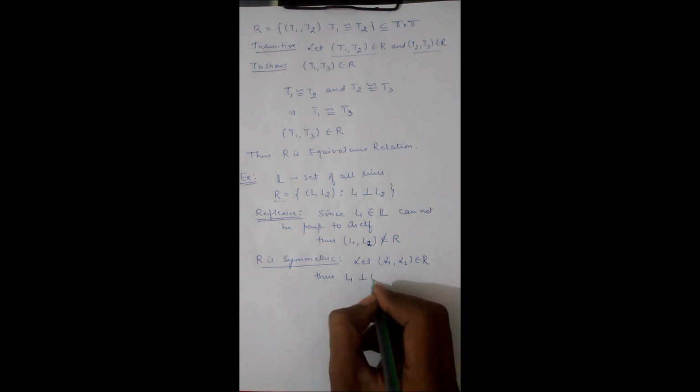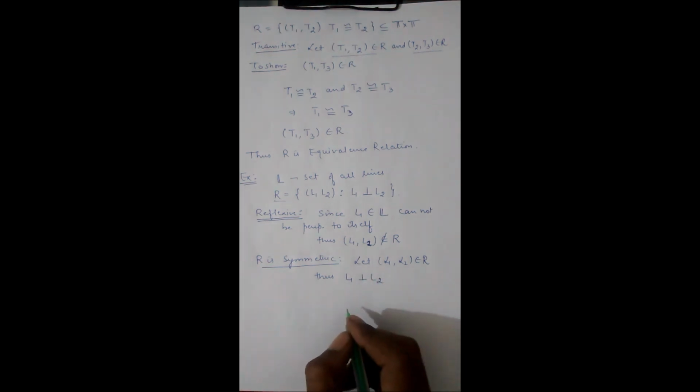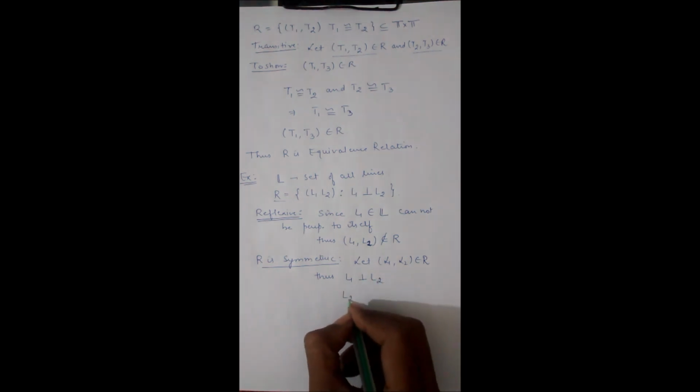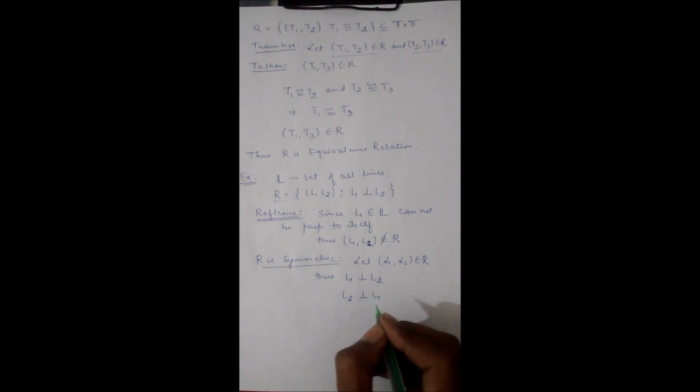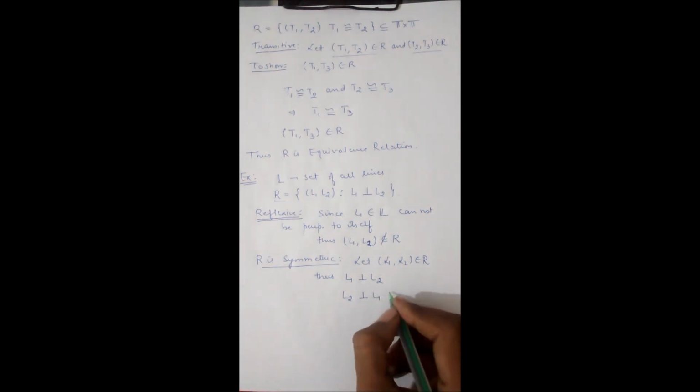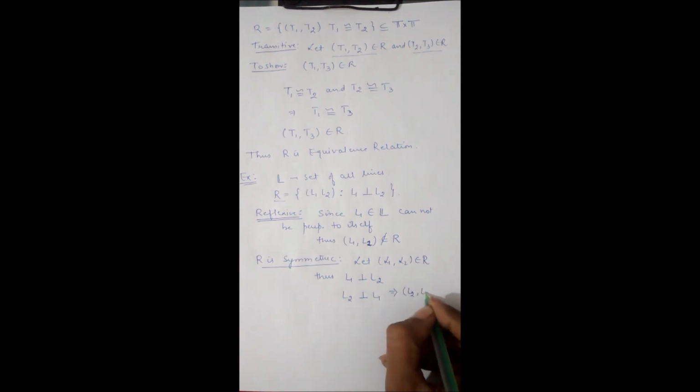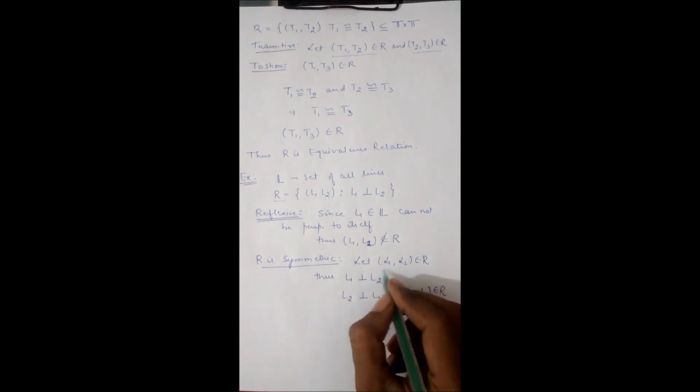L1 is perpendicular to L2, which is the same as saying L2 is perpendicular to L1. This implies that the ordered pair (L2, L1) should belong to R. So we took this pair, this is the symmetric image, and this also belongs to R. This makes my relation R symmetric.